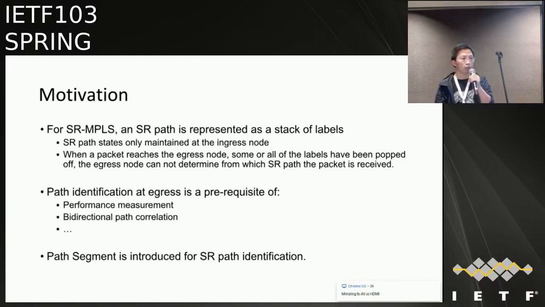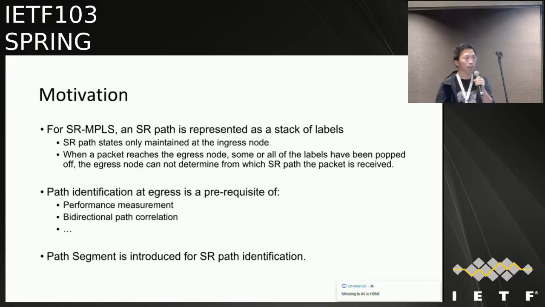So for the egress, there's no way to determine from which SR path the packet has come. But for some use cases, for example, path performance measurement on real traffic, bidirectional path correlation, the path identification at egress is necessary. So this draft introduced the path segment that can be used to identify SR paths in the context of the egress node.